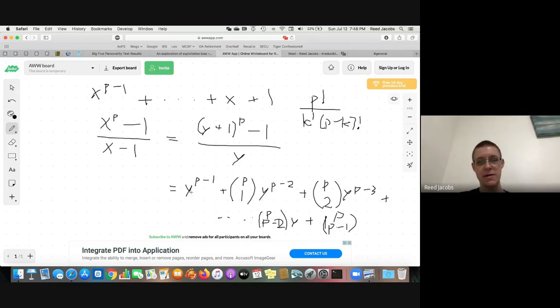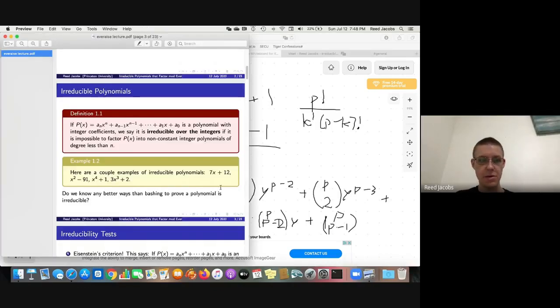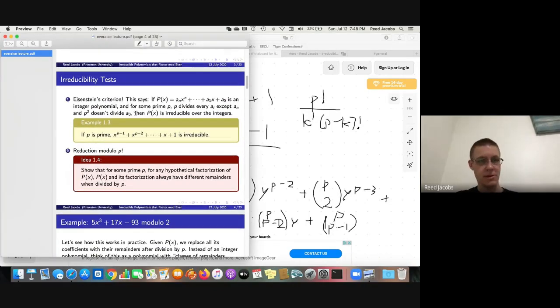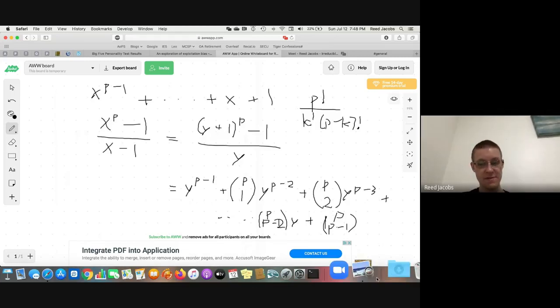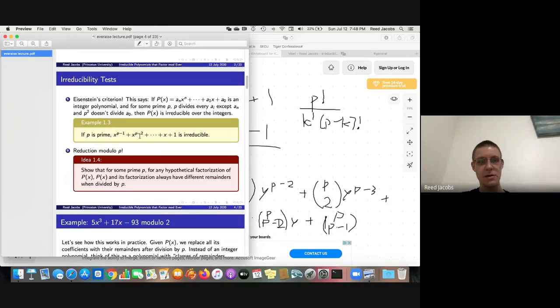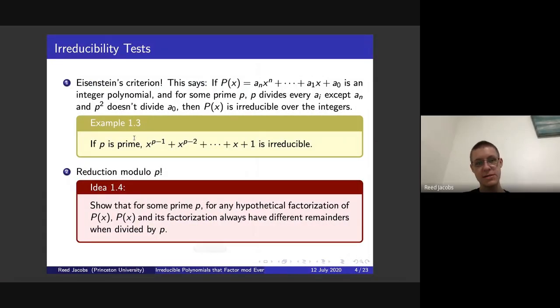So that means every term in this polynomial is divisible by p, which is part of Eisenstein's criterion, which is right here: p has to divide all the coefficients except the first one, and the first one is just 1, so that checks out as well. And the last coefficient, p choose p minus 1, is just p, which is not divisible by p squared. So Eisenstein's criterion says that this polynomial must be irreducible.